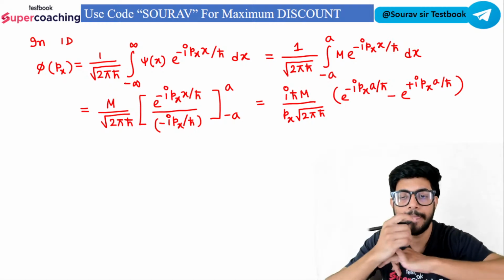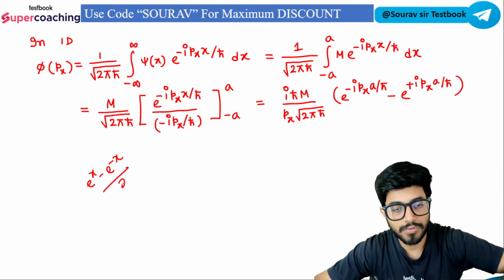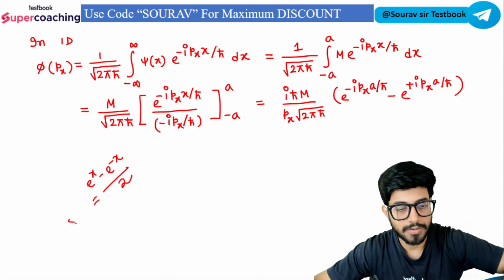e to the power of ix minus e to the power of minus ix by 2 is equal to sin x, right?